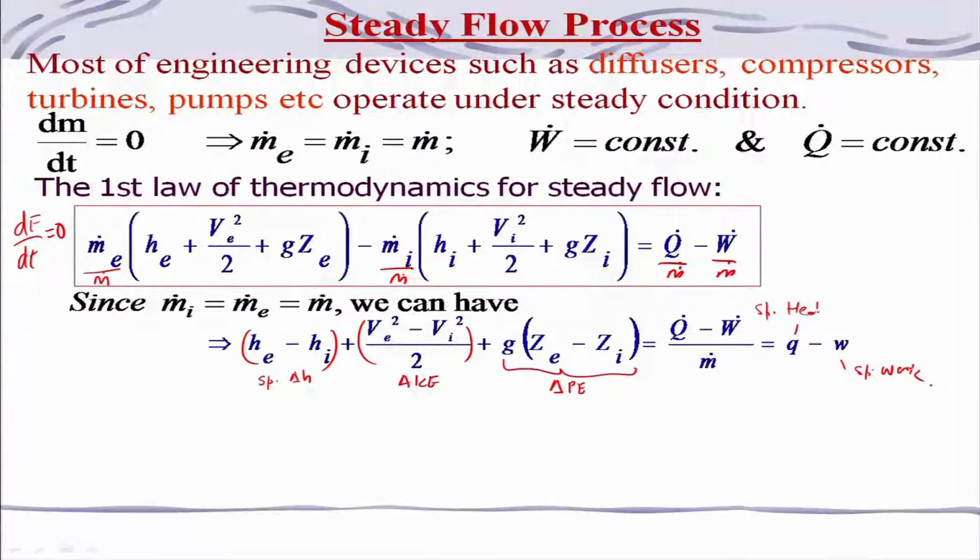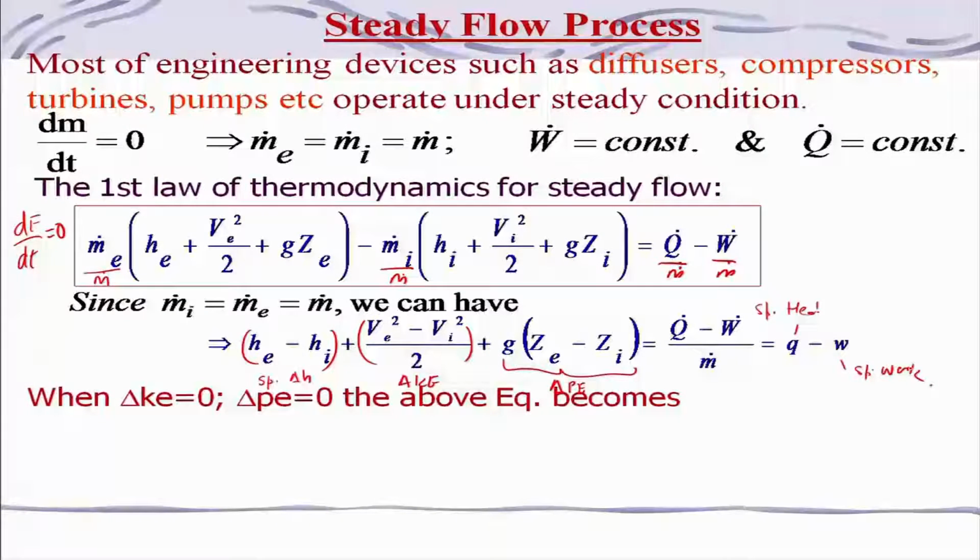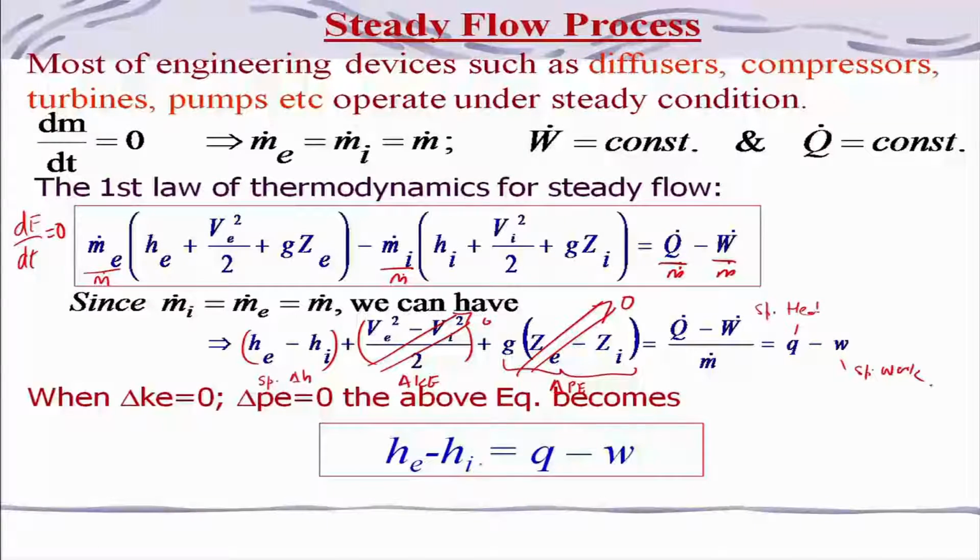So, if I consider a problem where the change in kinetic energy is 0 and the change in potential energy is 0, then what will we get? You will get h exit minus h inlet is equal to q minus w. Are you getting this?